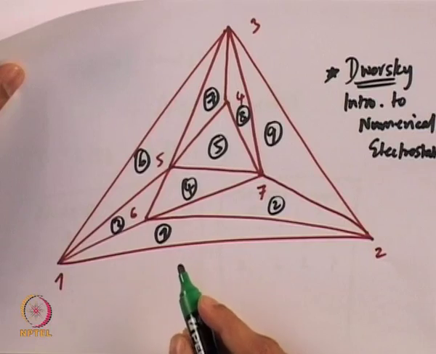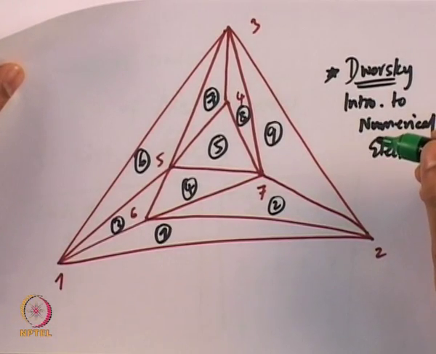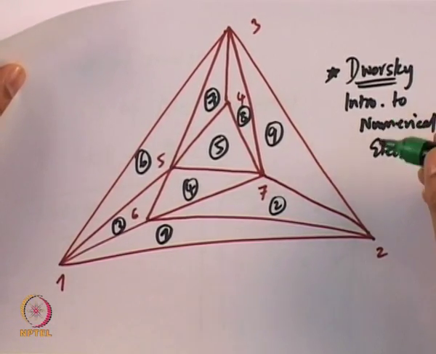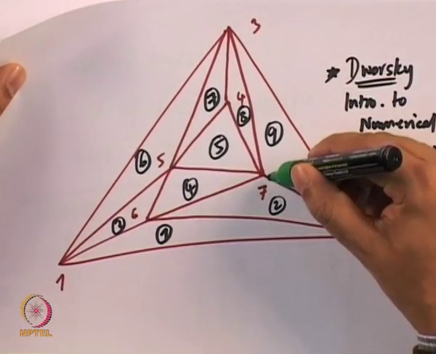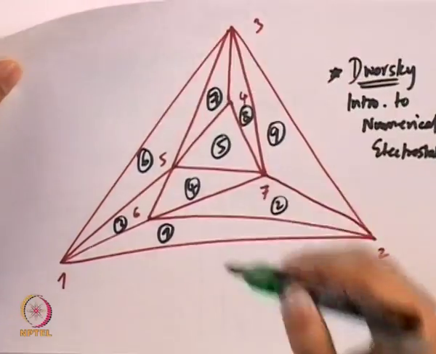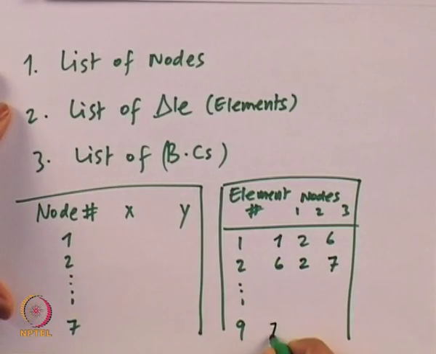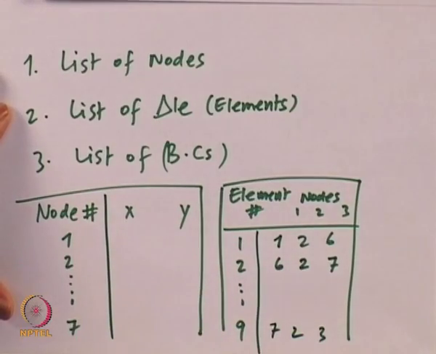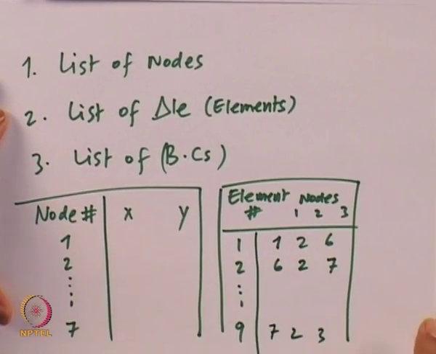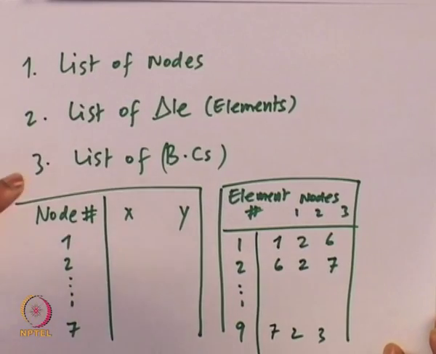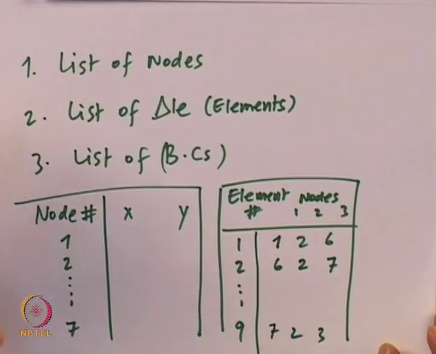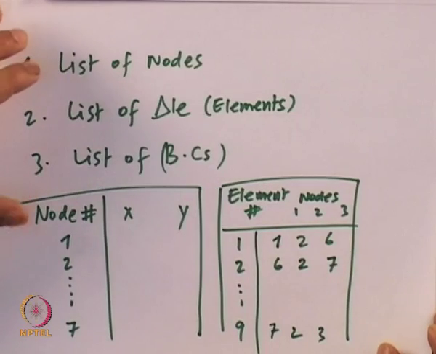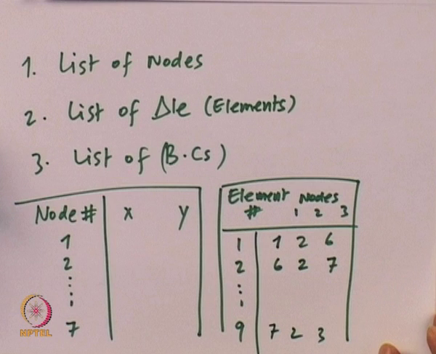And the last one will be 7, 2 and 3. So this is the way we are going to use MATLAB structure to register the list of nodes and the list of triangles. And the last point in the 3 aspects what we had is the list of boundary conditions.